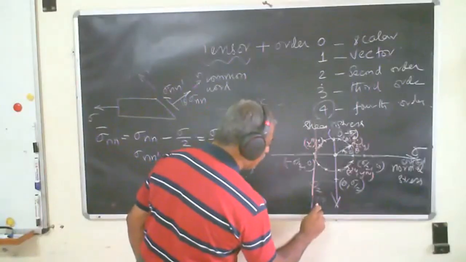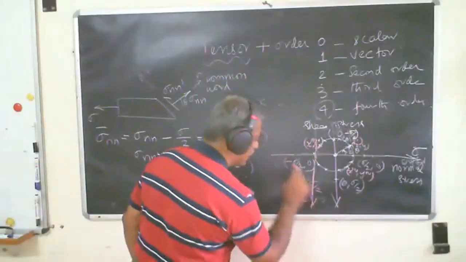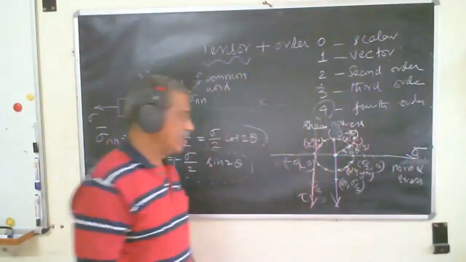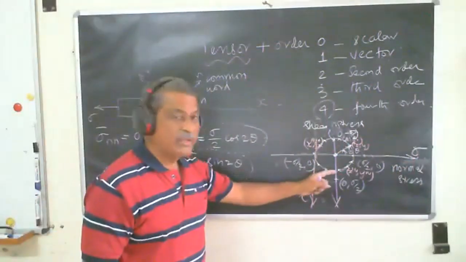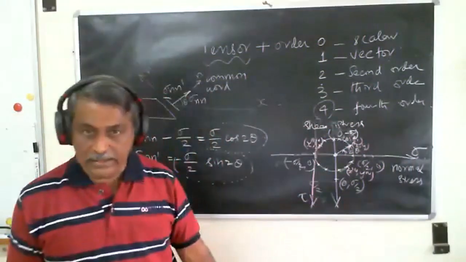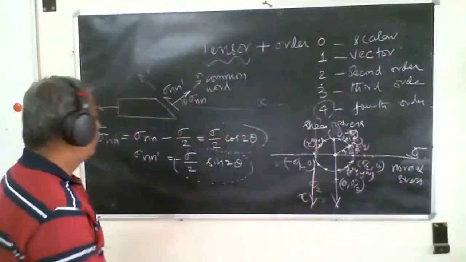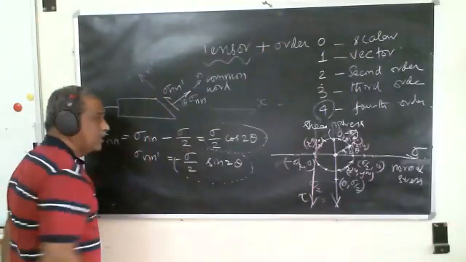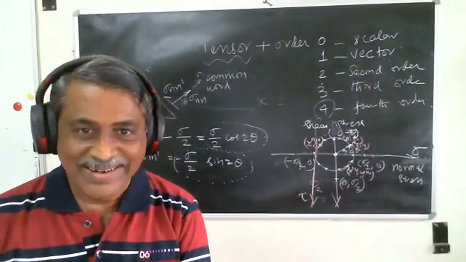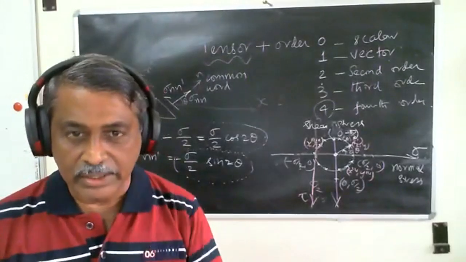This is the actual tau axis. I'm going to remove the shifted normal stress. It is now possible for me to represent any of those quantities which pertain to the oblique cutting that I have made here. Clear? Any questions?